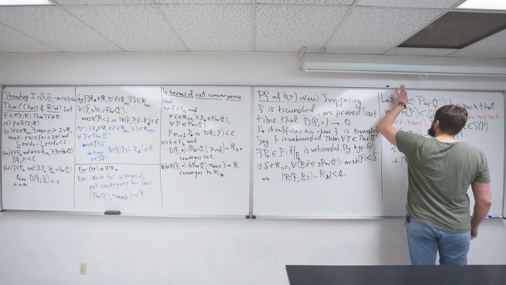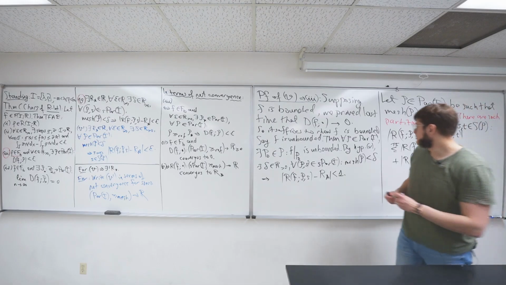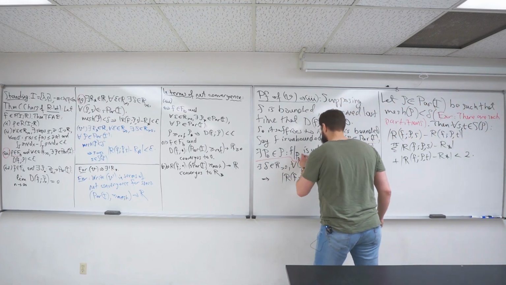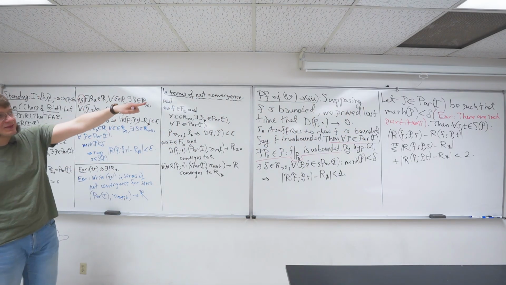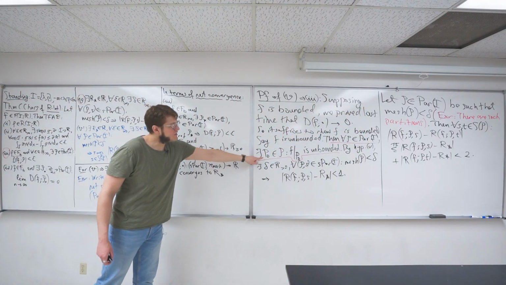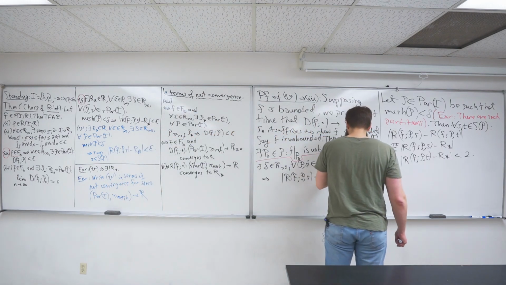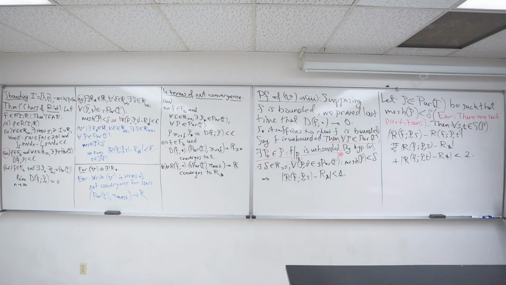Now, we chose our partition P by this. For that P, there's at least one pixel P0 such that on it F is unbounded. So I'll just draw a picture here.